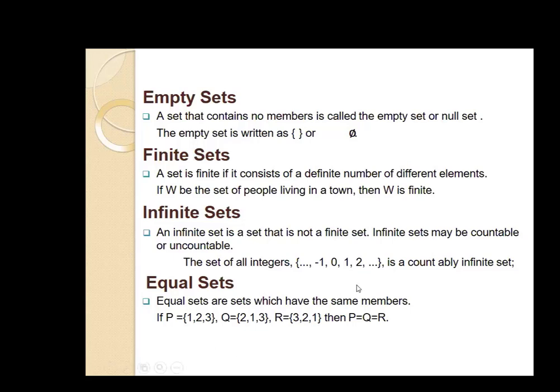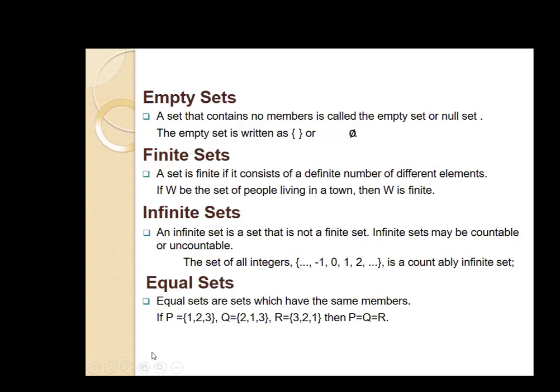Here you can see the example of the set of all integers: 0, 1, 2, and on this side -1, -2, -3, and these dots represent that the elements are unlimited, there is no limit, they go on. We do not know where it will end, so this kind of set is called an infinite set.